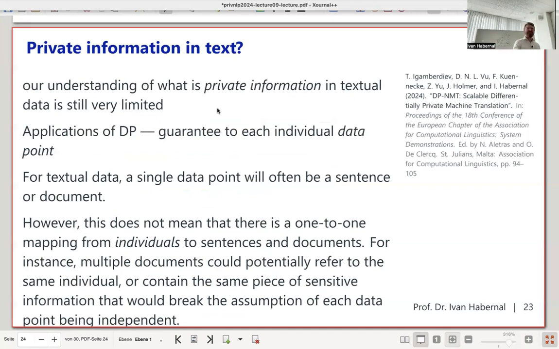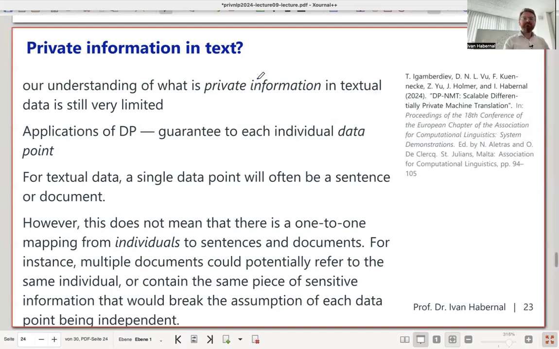We started a couple of weeks ago with entities and anonymization, and everything was kind of okay unless it was bad. So we said, okay, let's forget it. Let's use differential privacy, which is super formal and super nice. Now we're getting back to the text and seeing that maybe this is actually still hard or impossible, as we will see. So what is private information in text?